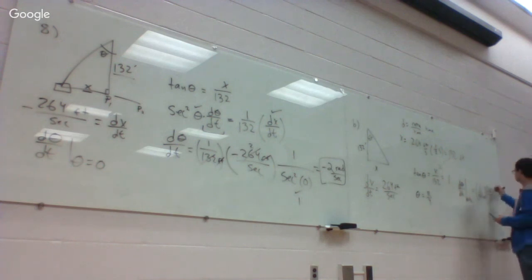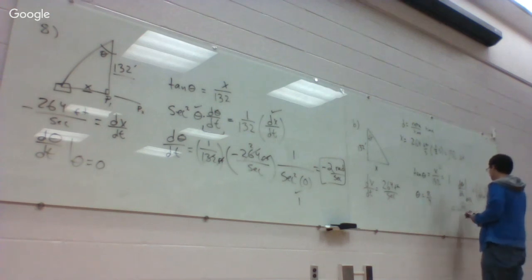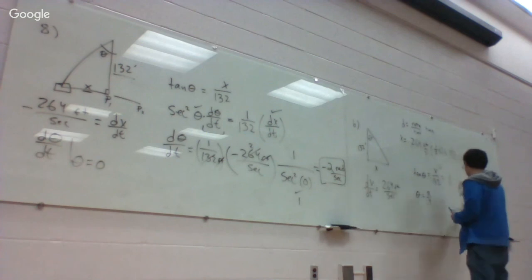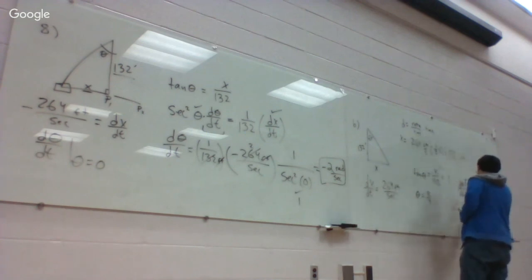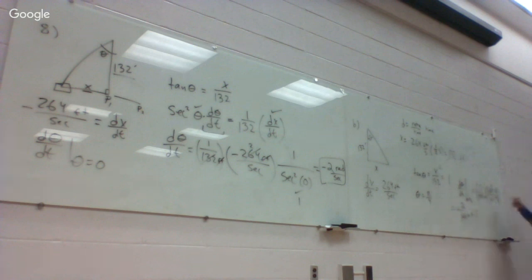That's 2, so we have 2 over 2, which is 1.